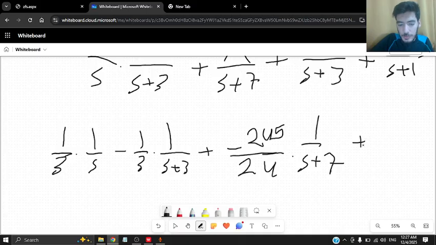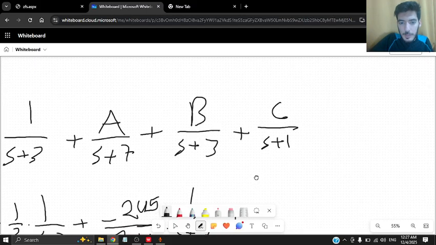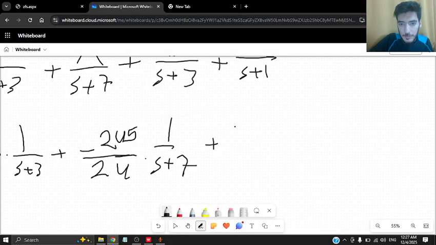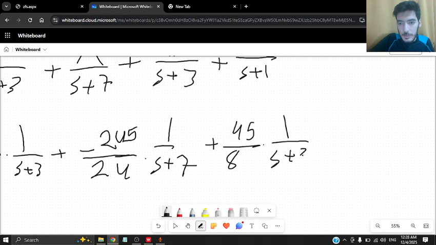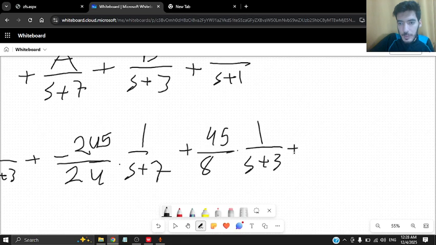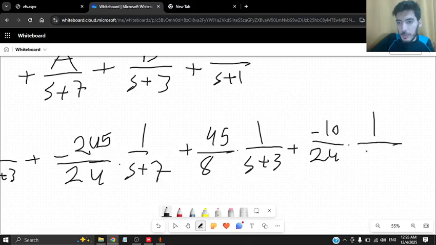And for B it will be 45 divided by 8 multiplied by 1 over S plus 3. And for the C value it will be minus 10 divided by 24, then multiplied by 1 over S plus 1.